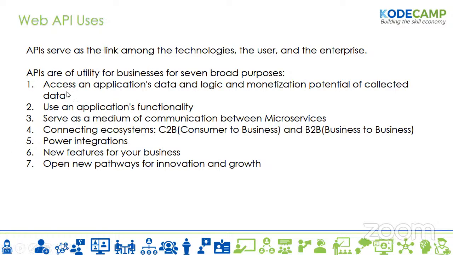So one of them would be access, to access an application's data and logic and monetization potential of collected data. So you can access information using an API. Take, for example, a banking application.